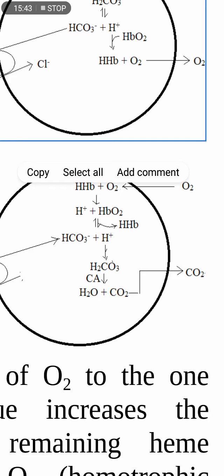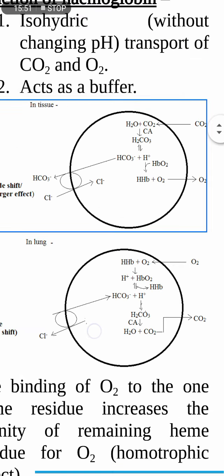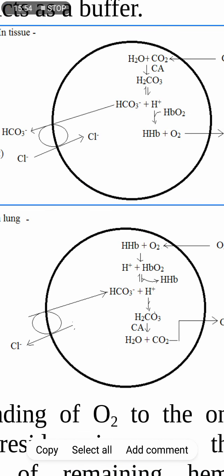Second function is that it acts as a buffer. How? During this transportation, there is no change of pH. There is a liberation of hydrogen ion, but this hydrogen ion joins with the hemoglobin to form reduced hemoglobin. So there is no change of blood pH, that means it acts as a buffer.